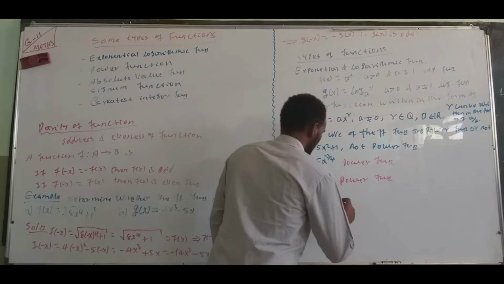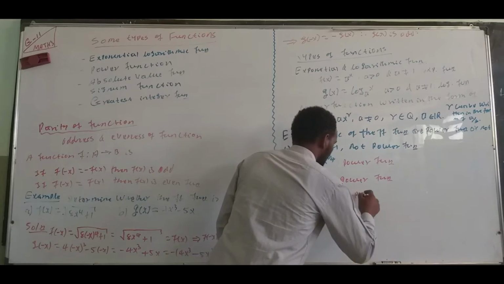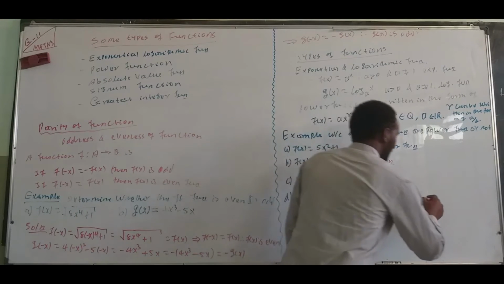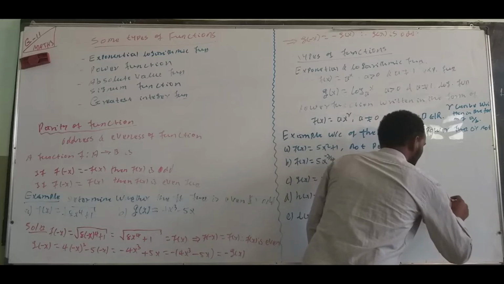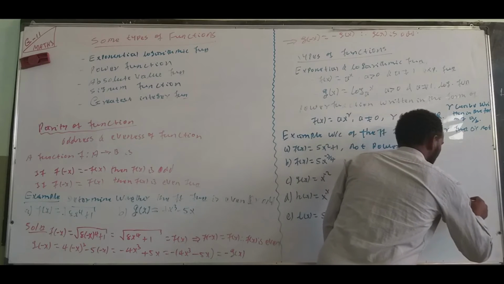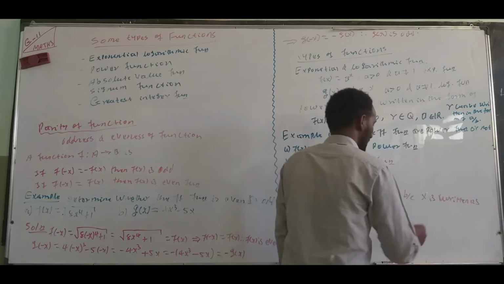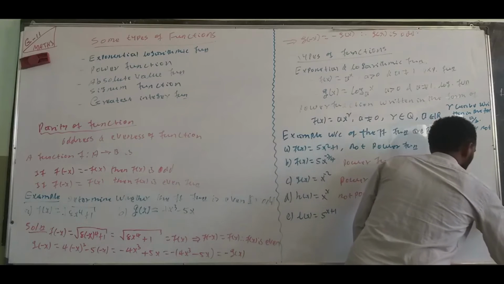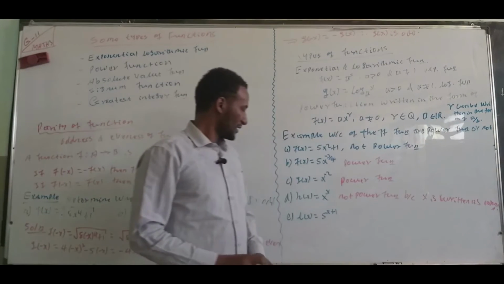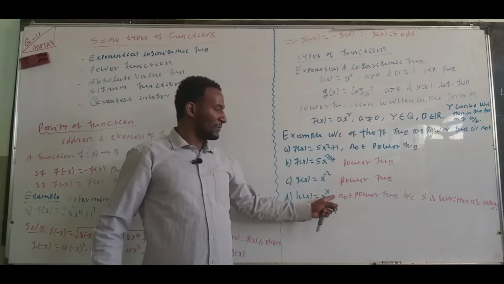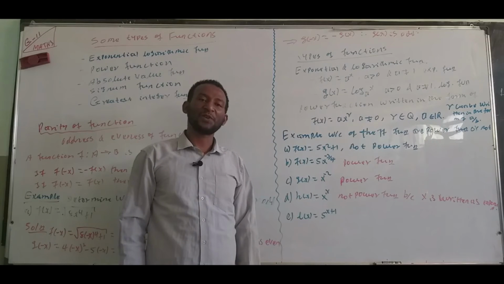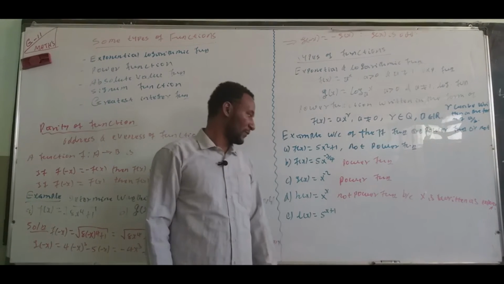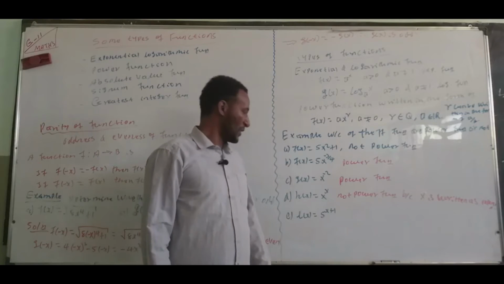In this case, it is not a power function because x is written as the exponent. When the independent variable is written as an exponent, that function cannot be a power function.